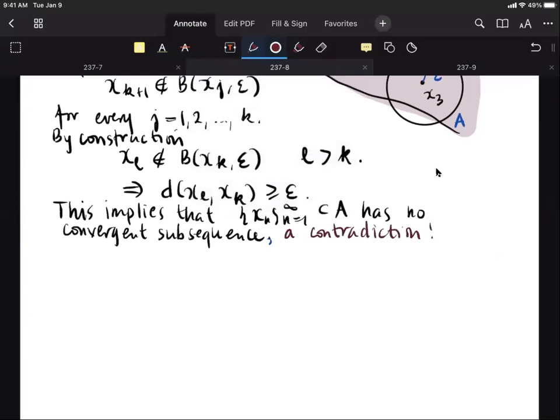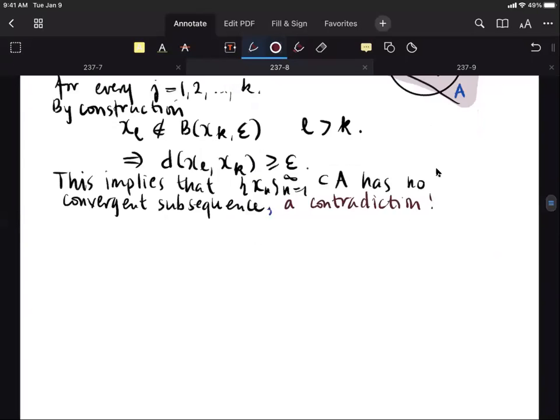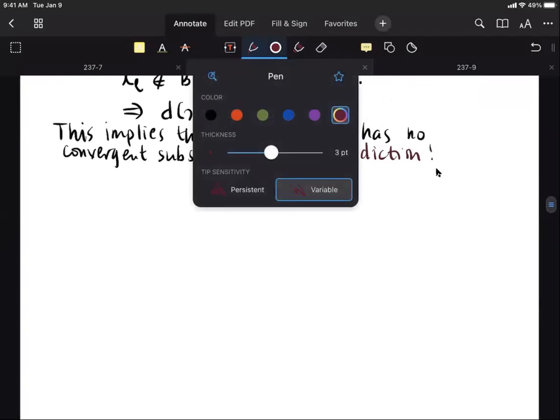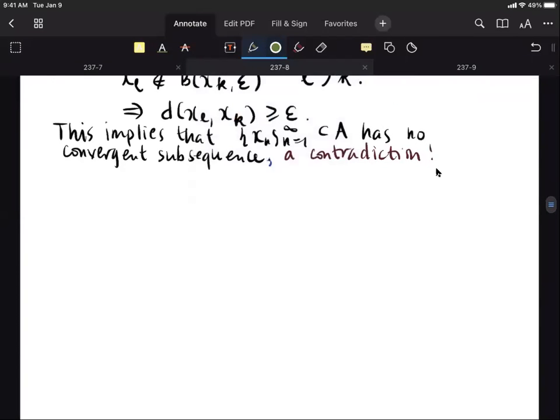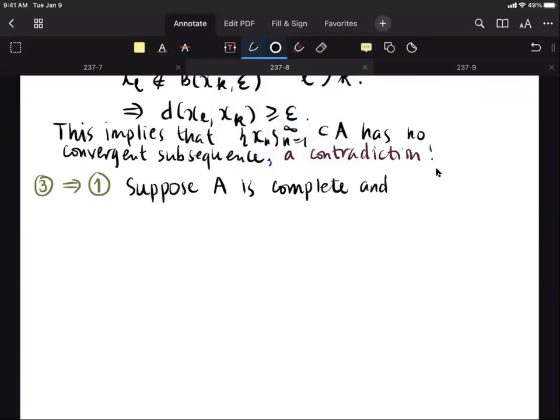So for the last implication, so that's 3 implies 1. Here, we assume that A is complete and pre-compact.